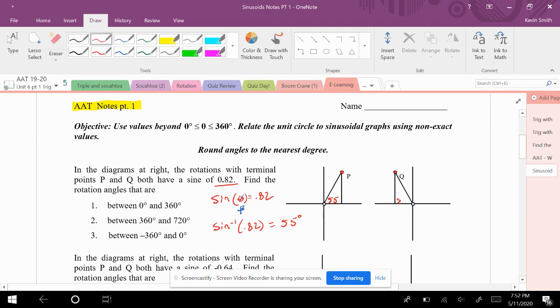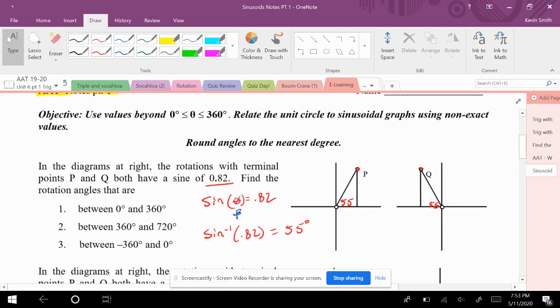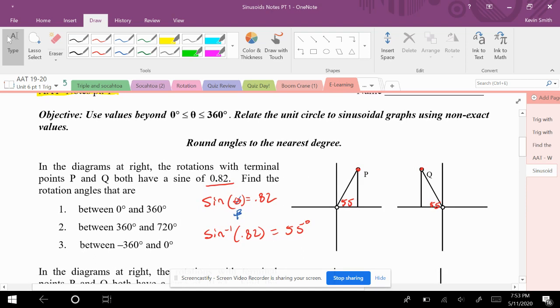So I know we've got 55 and 55 up. Now, we want to find the two rotation angles that are between 0 and 360. Of course, in the first quadrant, the rotation angle is the same as the reference angle.